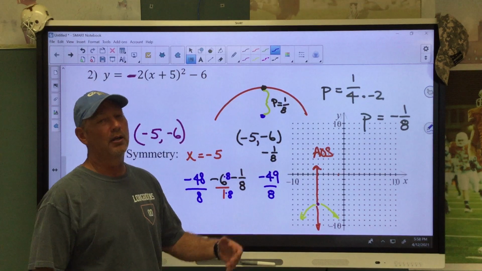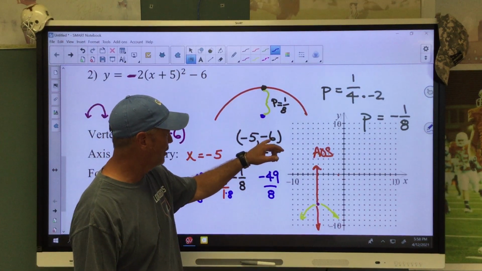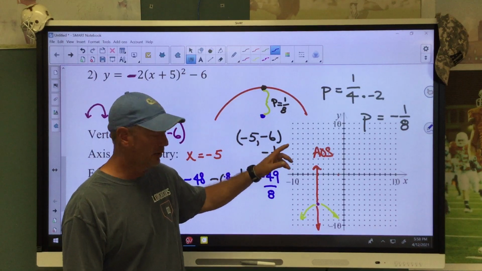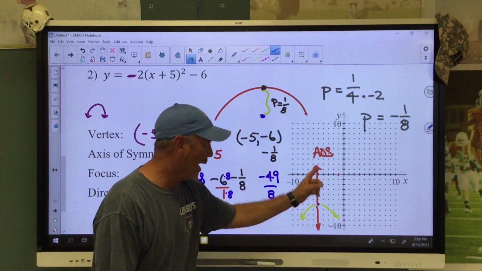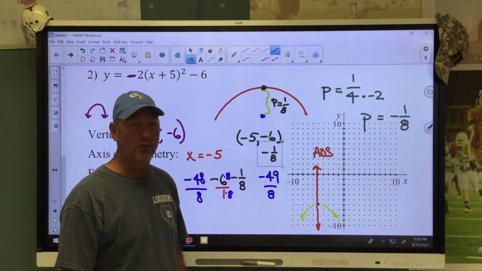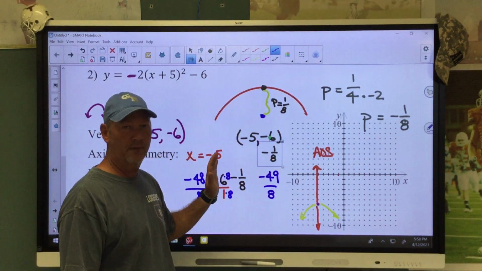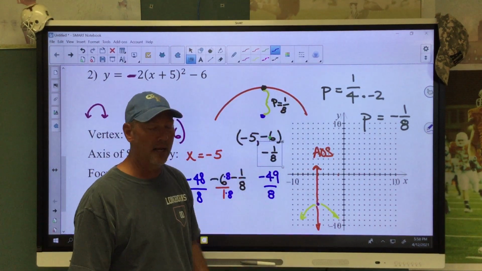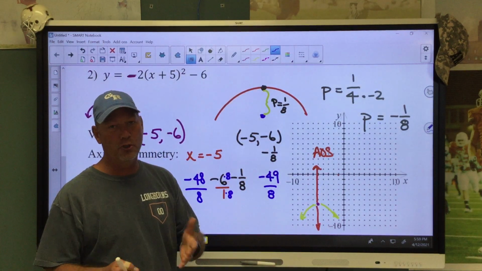Okay? Now, big question. You're probably going to ask, why did you subtract it? Why did you mess with the -6? Well, I'm going up and down, and the y value goes up and down, so we made an adjustment to the y value, not to the -5, because we were not going left and right, we were going up and down by 1/8. So that's where you make your adjustment.